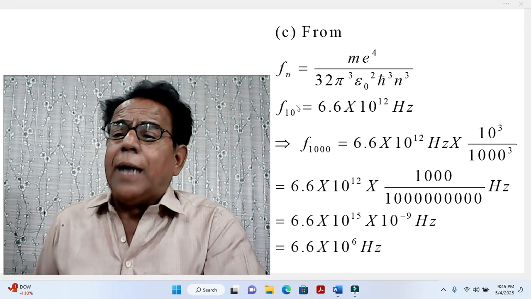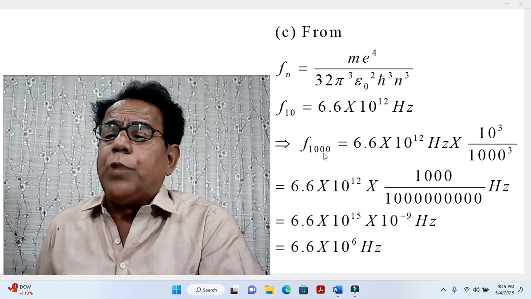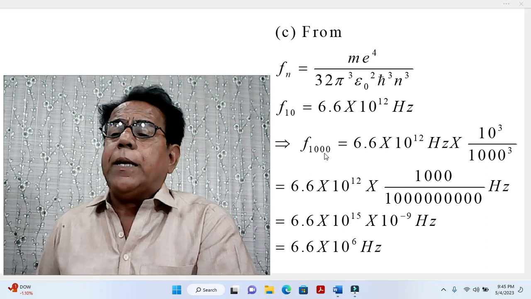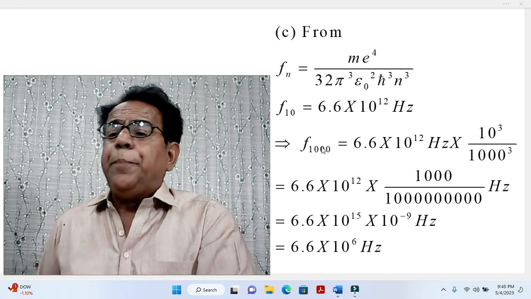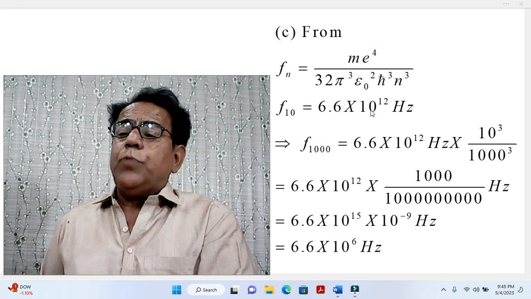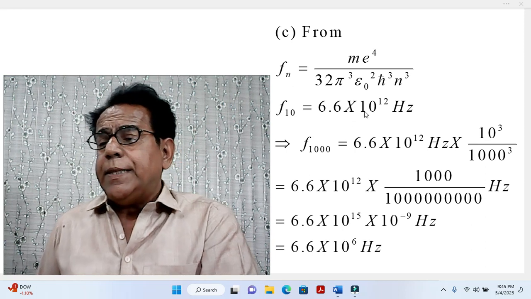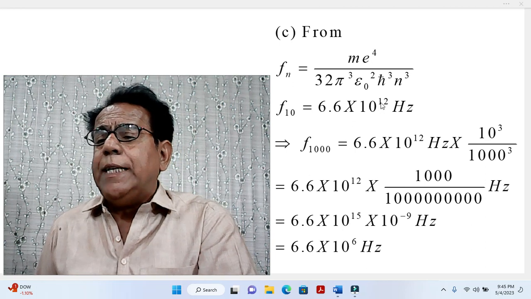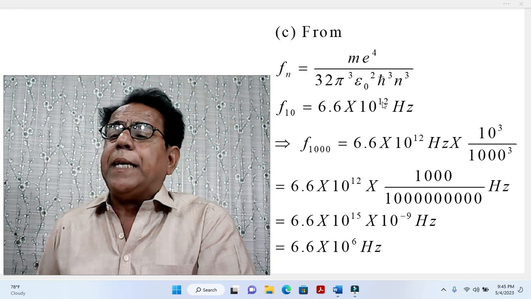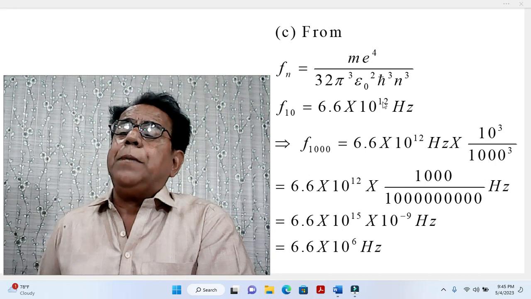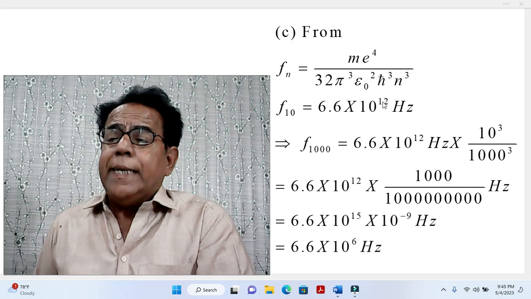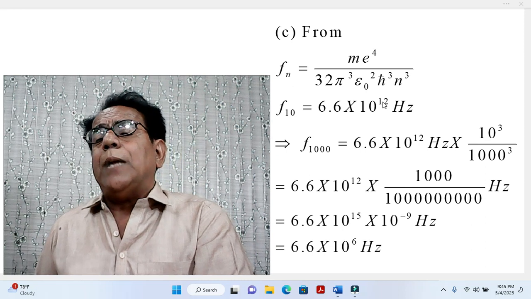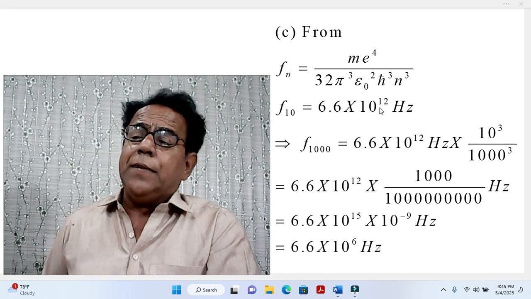In the next part, in place of 1000, we are going to find 10,000. Then this value, which was originally 10 to power 12, became 10 to power 9, then 10 to power 6, and then it will become 10 to power 3. So this trend will prevail.